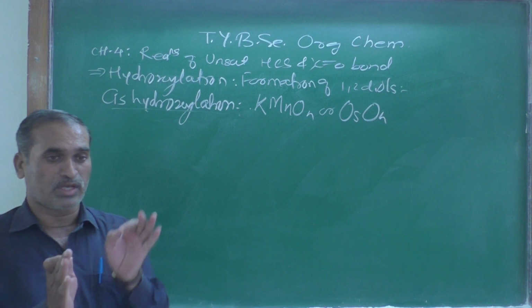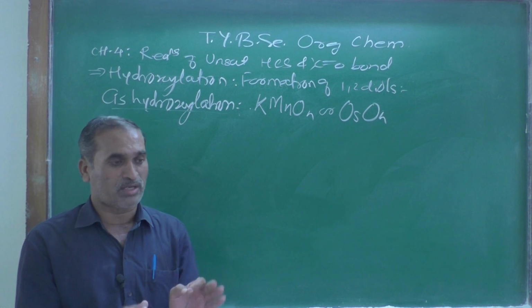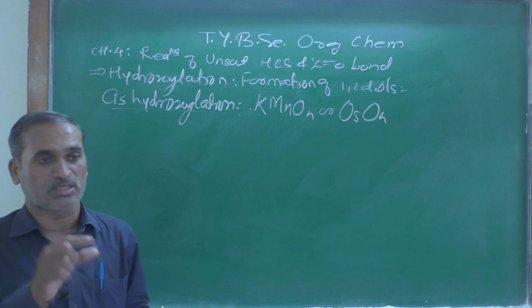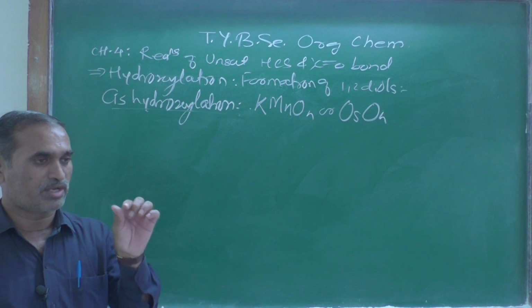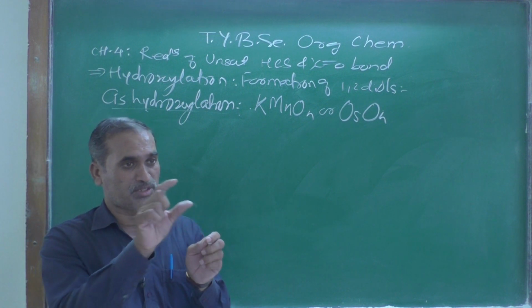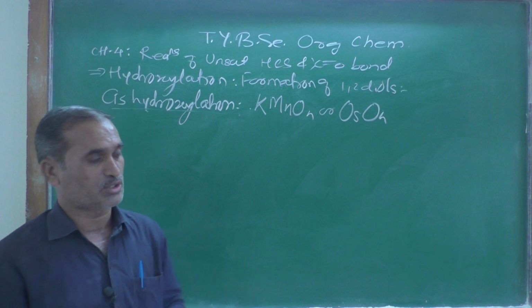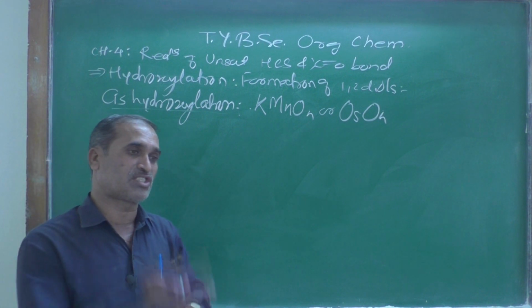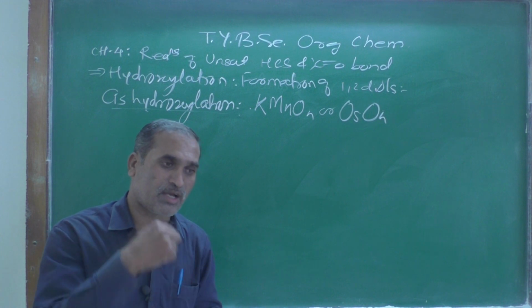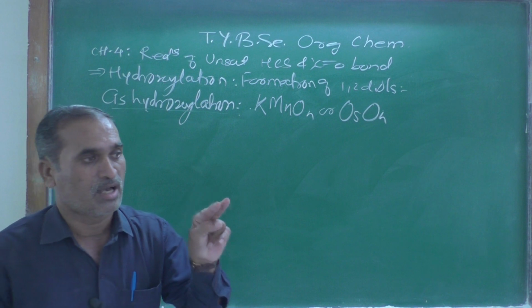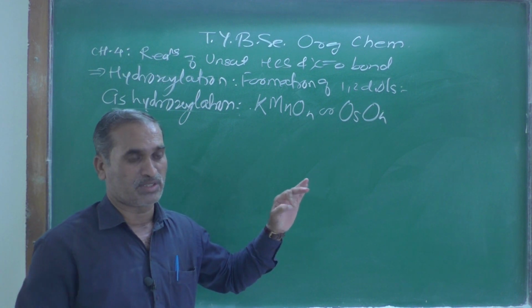And as we know, what is stereochemistry? It deals with the study of the orientation and arrangement of atoms in three-dimensional space. Whether the OH groups come from the same side or from opposite sides tells us about the stereochemistry.